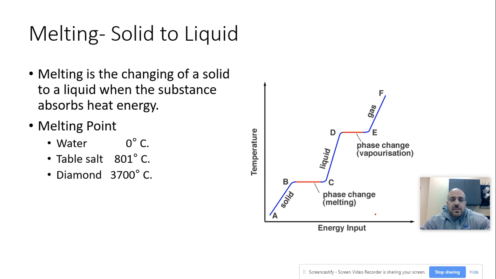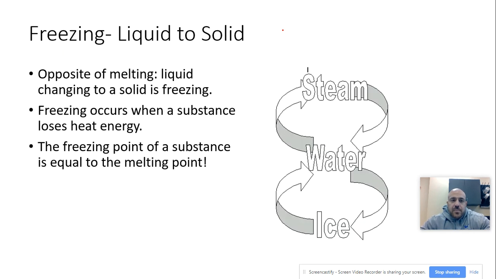Remember last objective, melting is going from a solid to a liquid. So when water gets to 0 degrees Celsius or 32 degrees Fahrenheit, it will change into a liquid. But the key is just reviewing that melting is going from a solid to a liquid, and it adds energy. Freezing is the opposite. It's going from a liquid to a solid, so in this case, we lose energy.